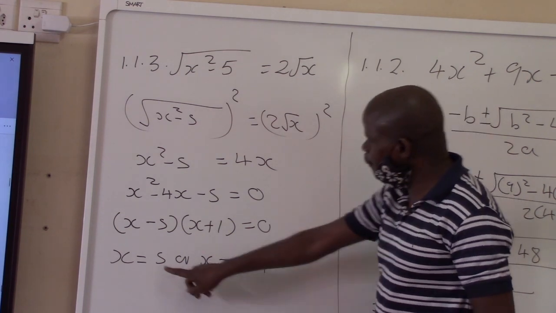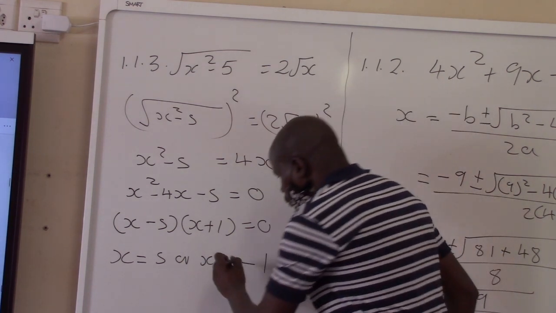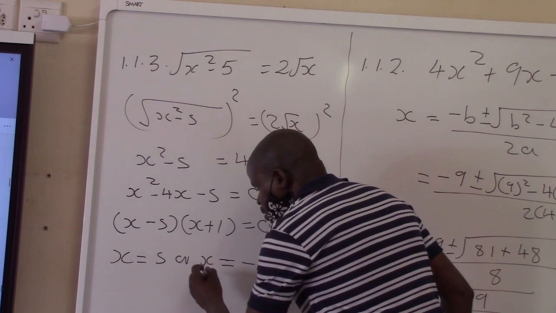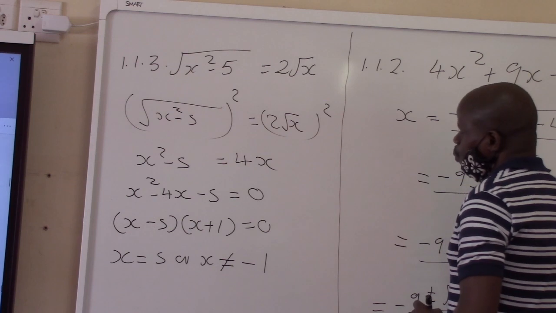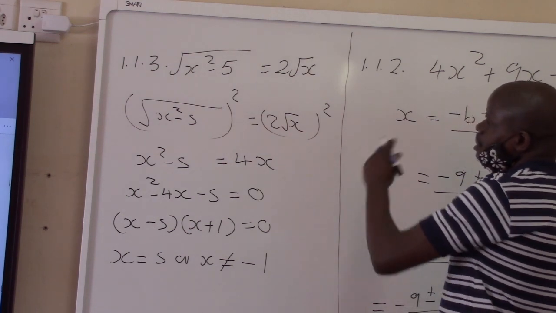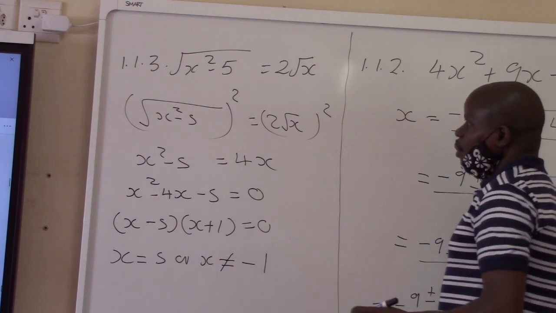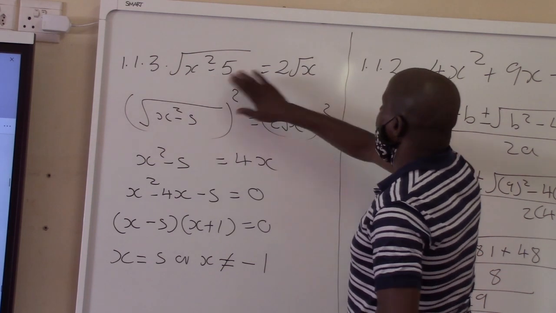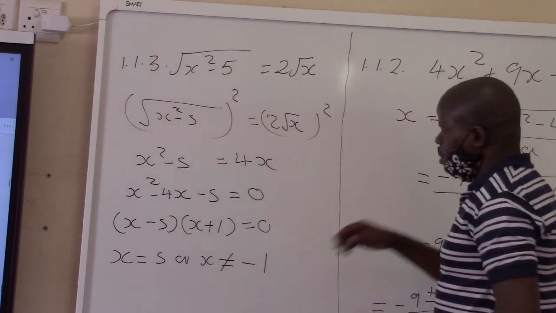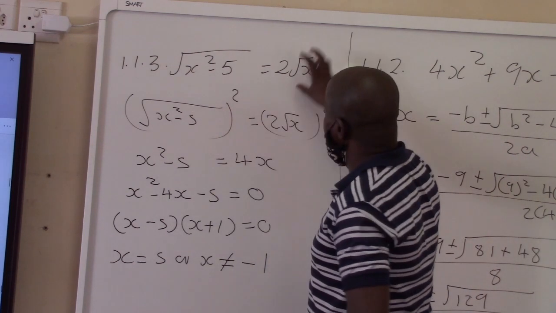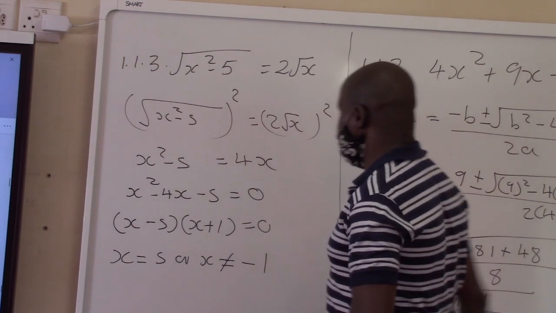So we say x equals 5 or x is not equal to negative 1, because it's not going to give us a real answer. So this one is the one that is correct, because the answer for that is 4 comma something, which is correct there.